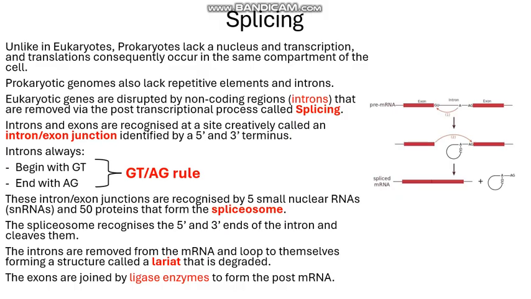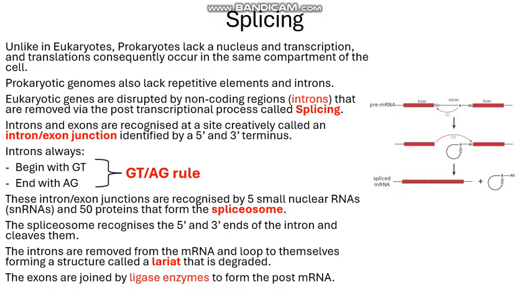You're having the intron separated. The intron folds into the circular lariat structure, and then ligase enzymes are going to come along and glue the exons together in whatever order that we need for whatever protein we're making.